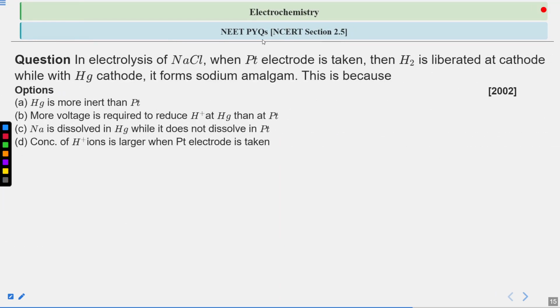Now this is a NEET PYQ, covering NCERT section 2.5.